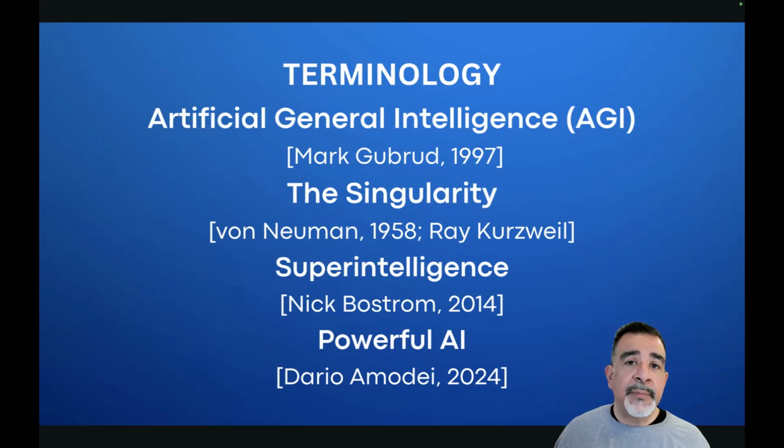Superintelligence by Nick Bostrom 10 years ago. And powerful AI by Dario Amodei, who's the founder of Anthropic. He doesn't like using superintelligence or the singularity because he believes it's all on a spectrum and AI will become more and more powerful, but that it doesn't make sense to focus with dramatic pause on the singularity.